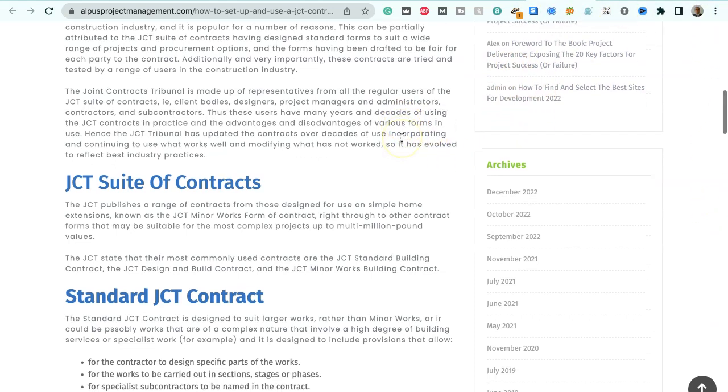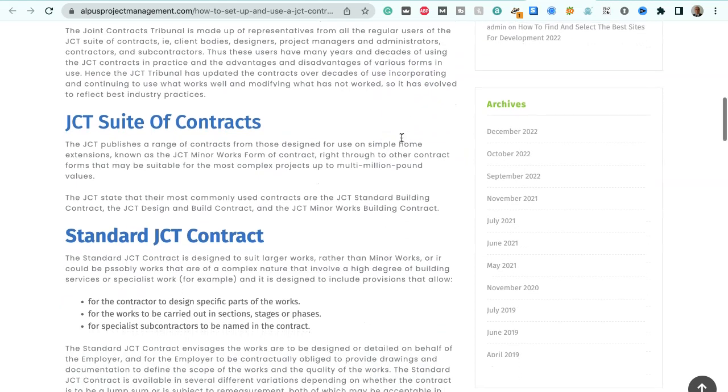So there's been a lot of development of these contracts over the years and over the decades, so that they reflect best practice and they're accepted by the parties to the contract: contractors, subcontractors, designers, and also contract administrators as well as clients. So the Joint Contracts Tribunal is made up of representatives from all the regular users of the JCT suite of contracts, i.e. client bodies, designers, project managers and contract administrators, contractors and subcontractors.